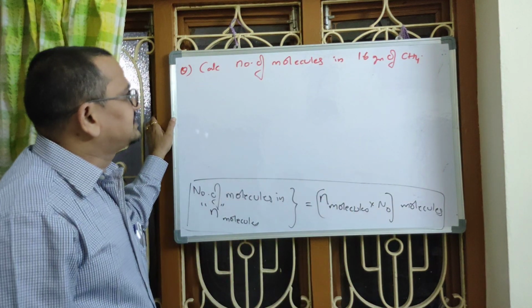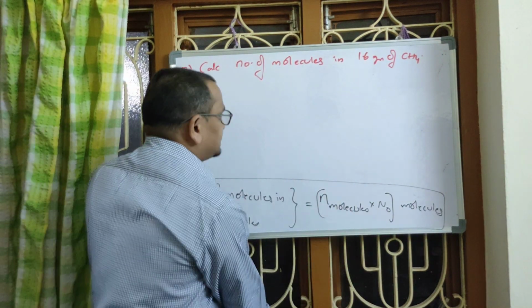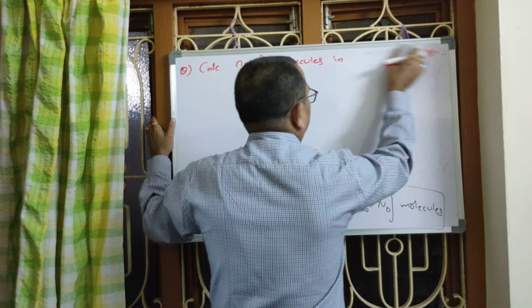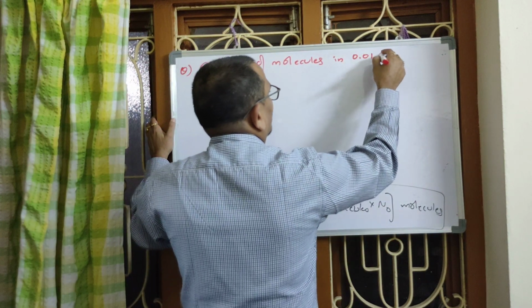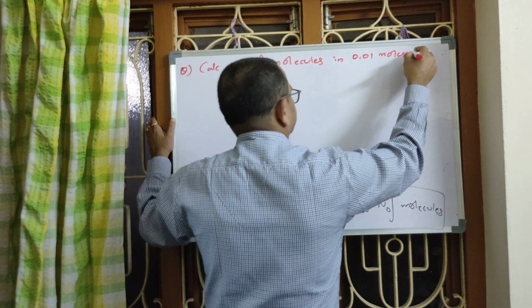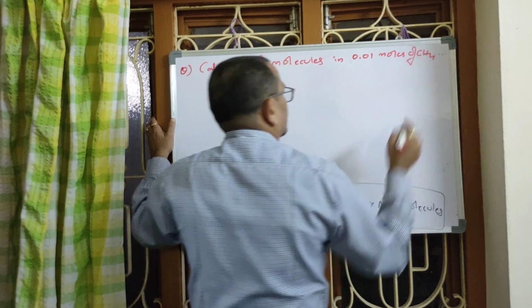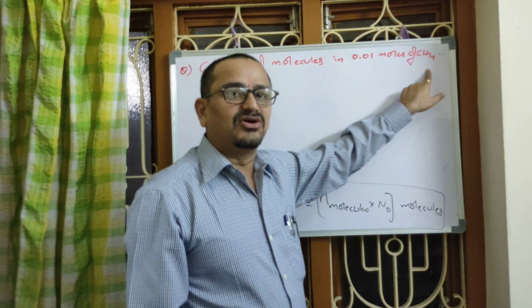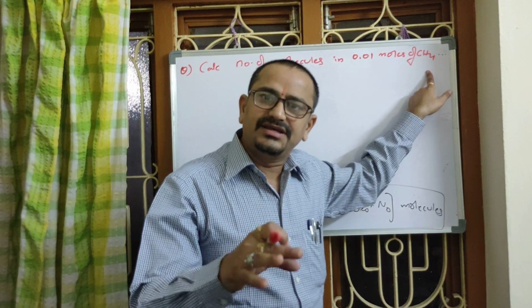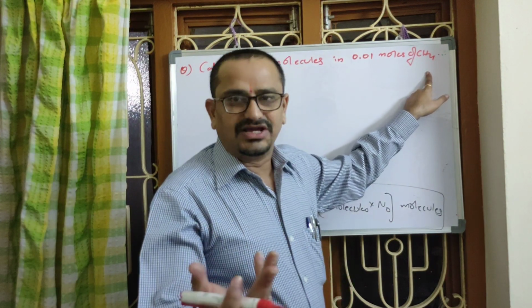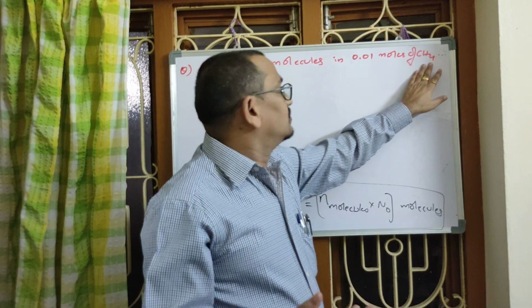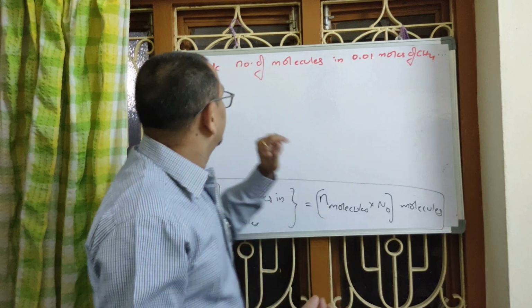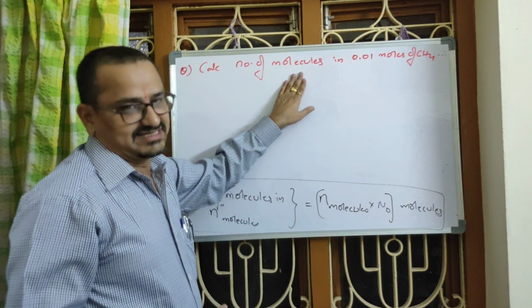Wait, instead of directly giving mass, in 0.01 moles of methane. You know that methane is a molecule. Methane is molecular existence. Molecule. See, that's a very basic line, right? See, it is given for molecule. So, number of moles of molecules are given. Number of molecules are asked.